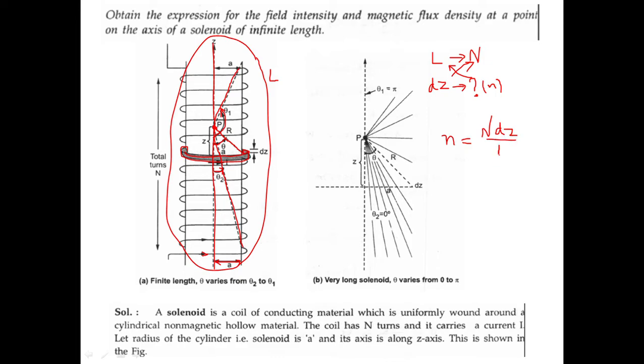It will be small l, because you'll get confused with capital L for inductance. So we'll take it as small l, where l is the total length of the solenoid. Right, so n is equal to N dz by l.